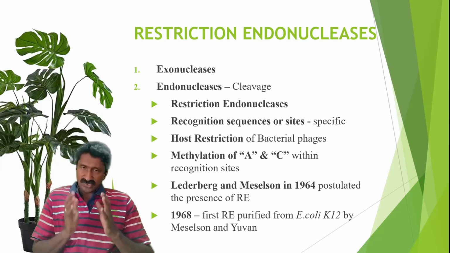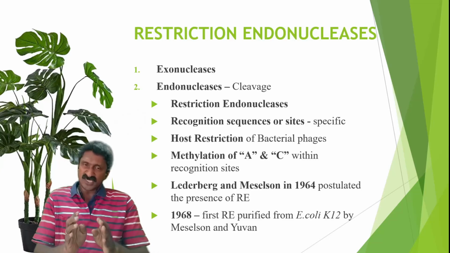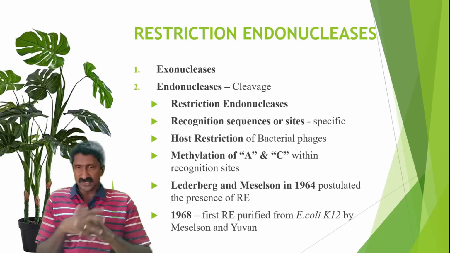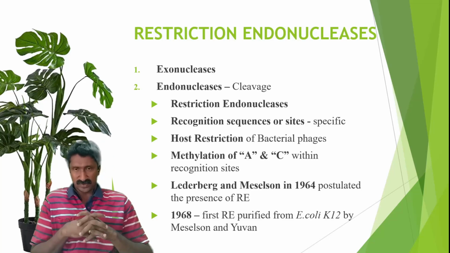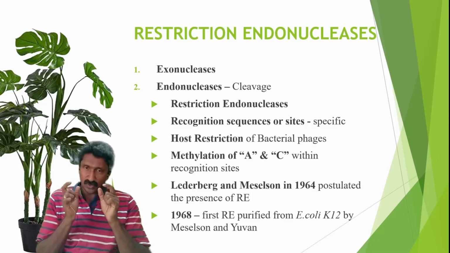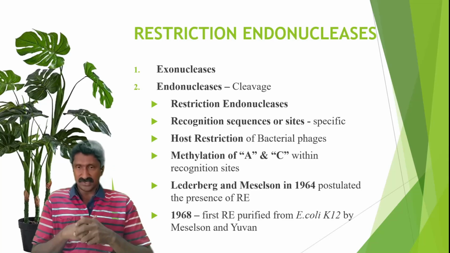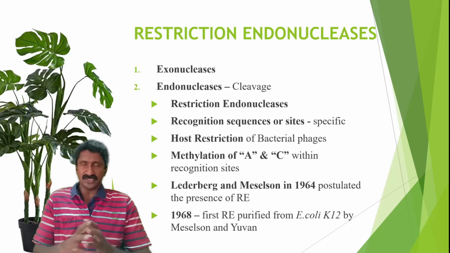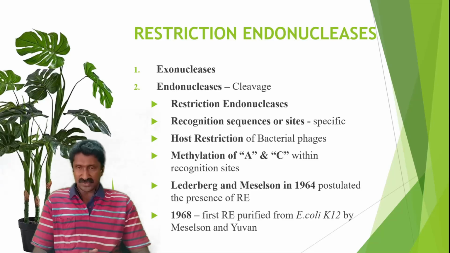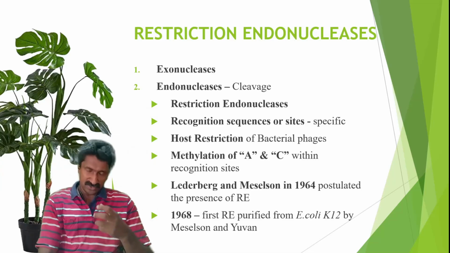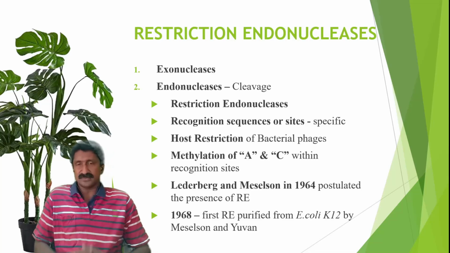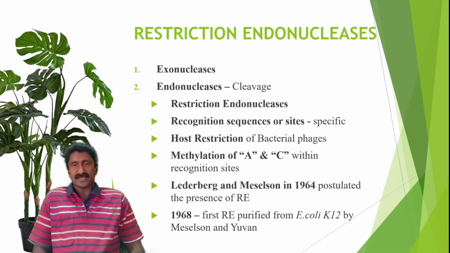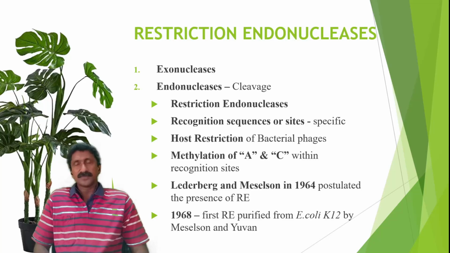So usually restriction endonucleases recognize specific sites or specific recognition sequences. That's true. But the term host restriction of the bacterial phages means a particular bacteria will have its own non-self recognition mechanism. For example, a bacterial cell takes up an external DNA, by transformation, for example.